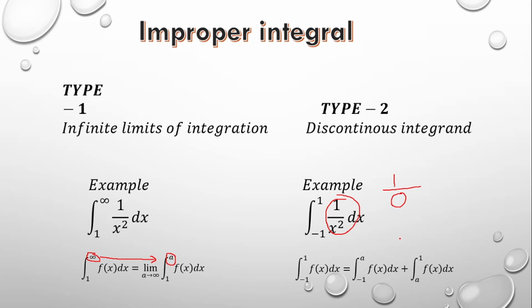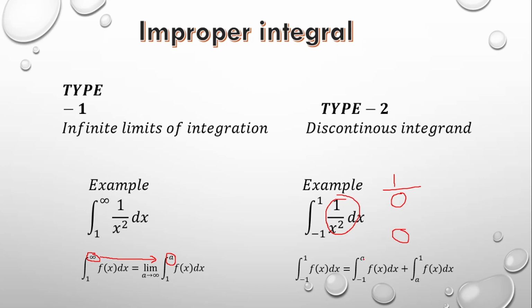With the discontinuous integrand, we need to know the number which makes the function undefined. Using this function as an example, we know that the number is 0.